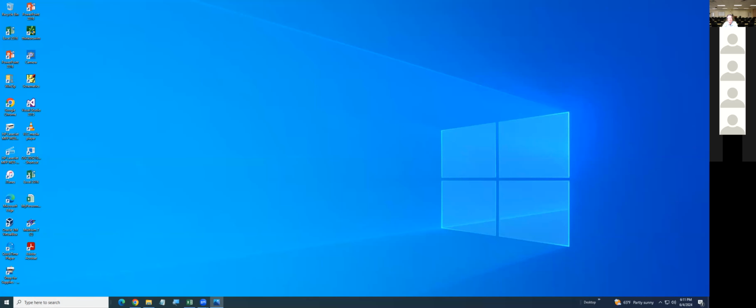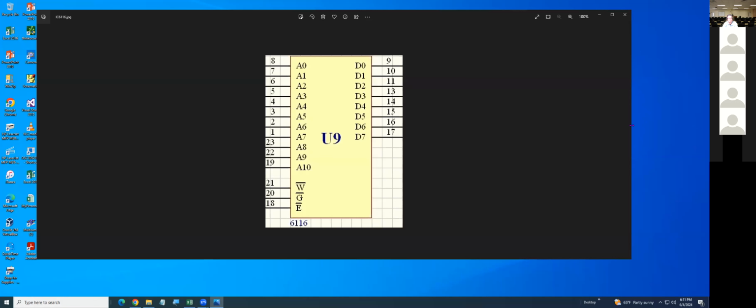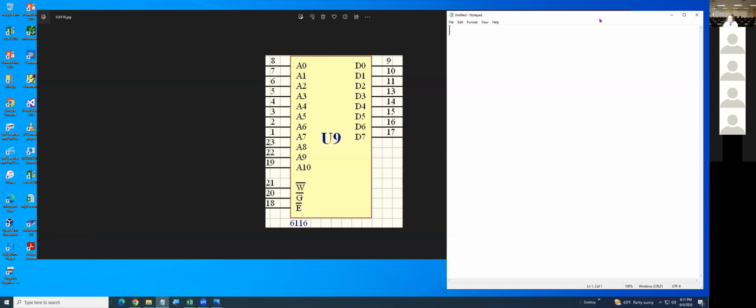Okay, now you see that is the memory, and you will get the lab with that kind of memory. If you're looking at this IC, the part number will be 6116 memory.